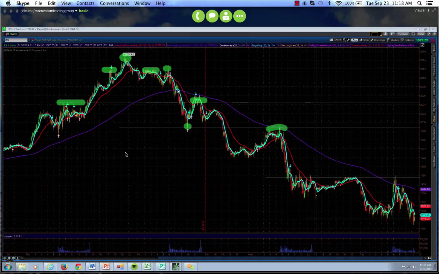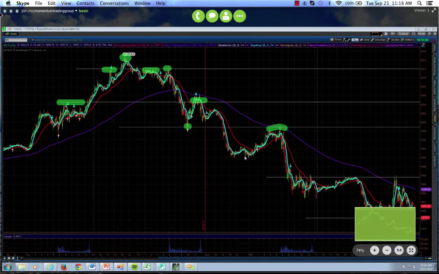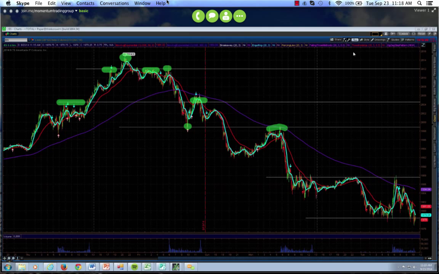Now, when we see these counter trend movements, okay, when we see these counter trend movements, again, I'm gonna go ahead and draw them for you.